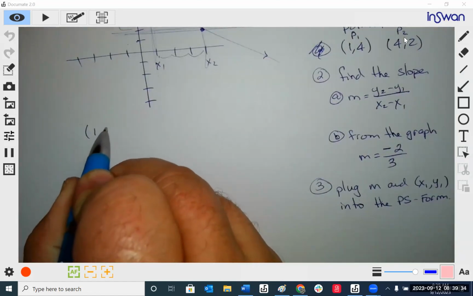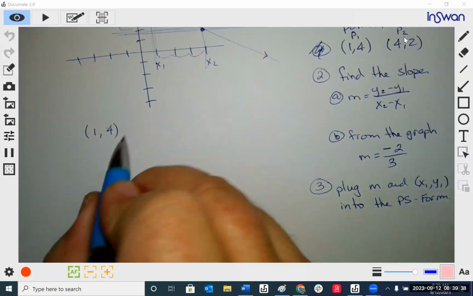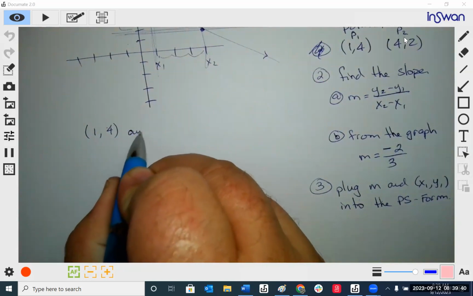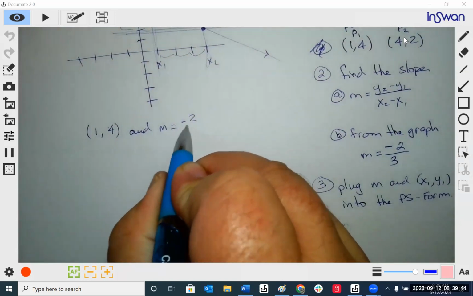So I'm going to use the point 1, 4. It doesn't matter which one you choose, because it's going to give you the same answer. And we know the slope is -2 over 3.